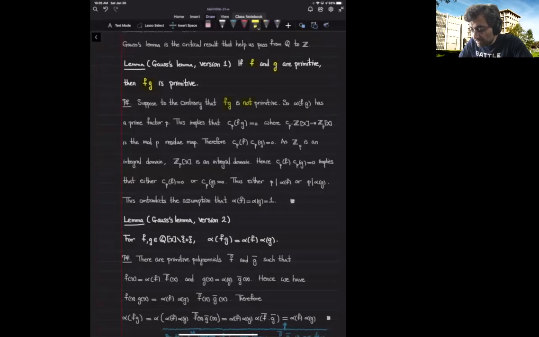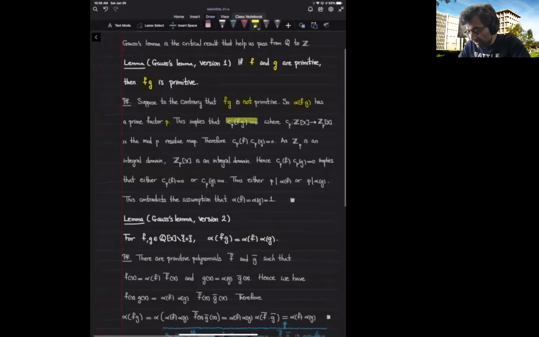So suppose P is a prime factor of the content of the product. That means when I look at all the coefficients of the product mod P, I get 0. This means C sub P applied to the product gives 0. Notice C sub P is a ring homomorphism. That means the product of F mod P and G mod P is 0 in Z_P[x].